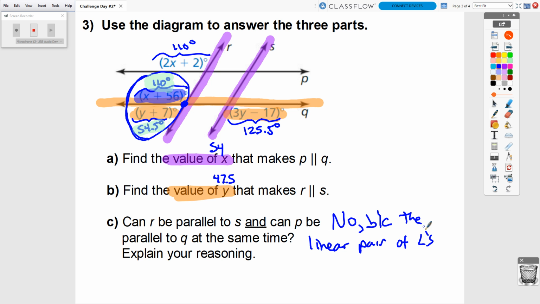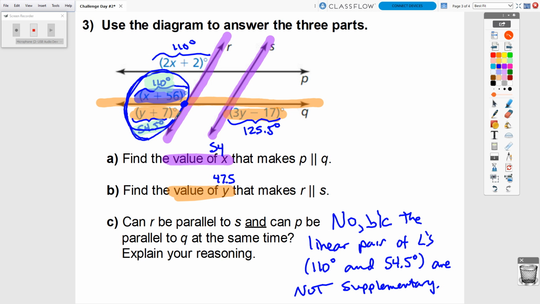So I'll just say because the linear pair of angles, the 110 degrees and the 54.5 degrees, are not supplementary. Now, if these two angles actually did add up to be 180, then yes, both sets of those lines would end up being parallel to each other.